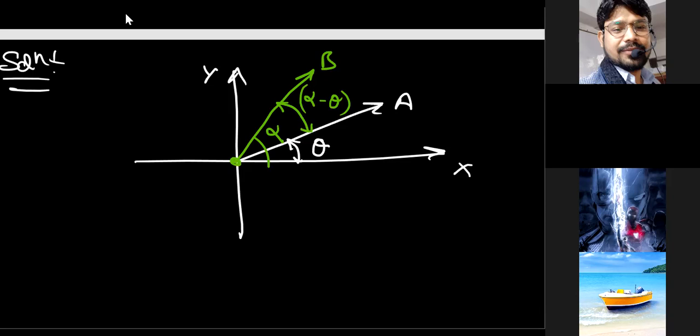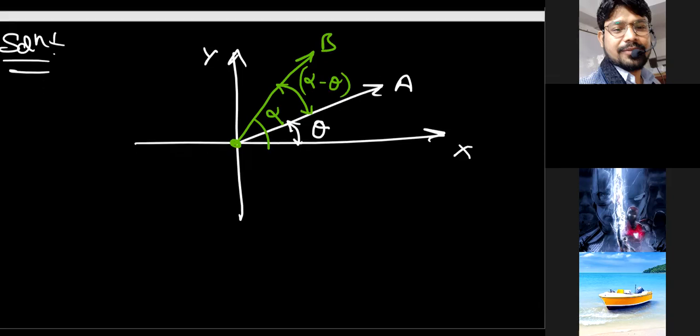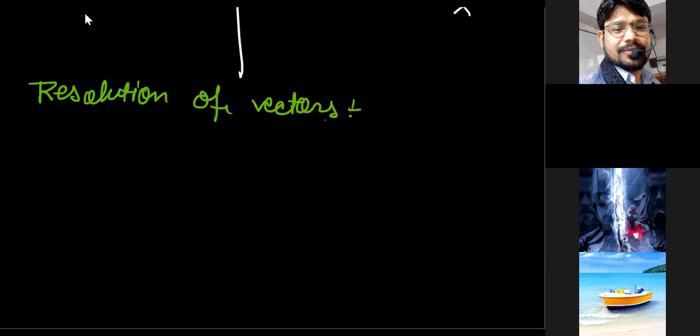But we have another method to solve such types of questions. Before solving this question, see the method. It is the resolution of vectors. My dear friends, the resolution of a vector means the value of the vector in a particular direction.